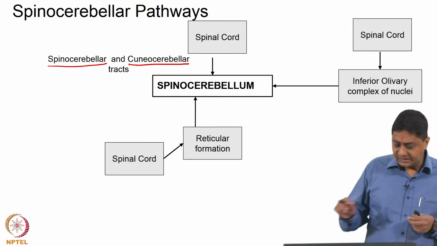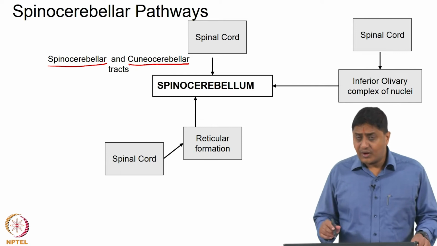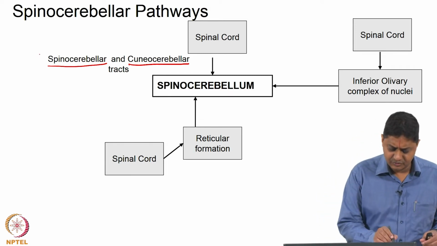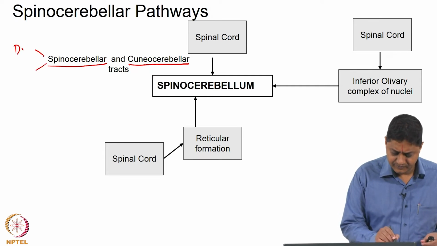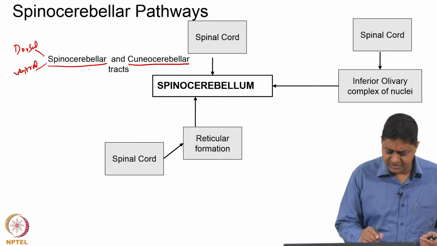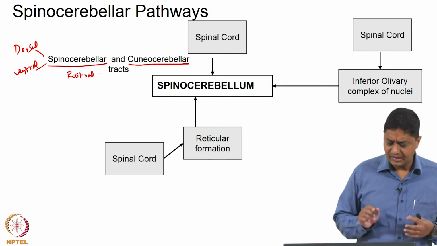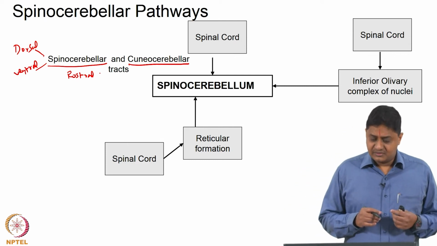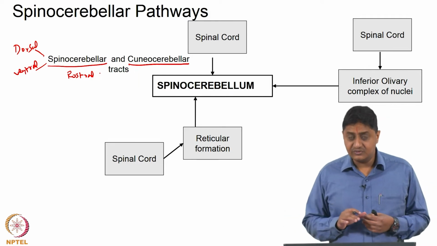We will continue that discussion in the next few slides. So, one source is the spinocerebellar, which is divided into 2 different types, basically dorsal and ventral, and cuneocerebellar and rostral spinocerebellar tracts. So, there are multiple pathways that project from the spinal cord directly into the spinocerebellum.